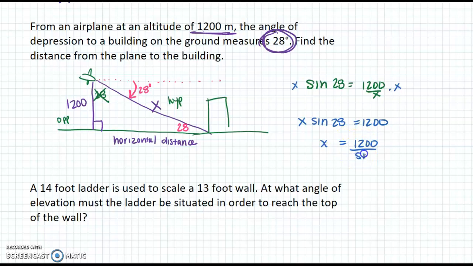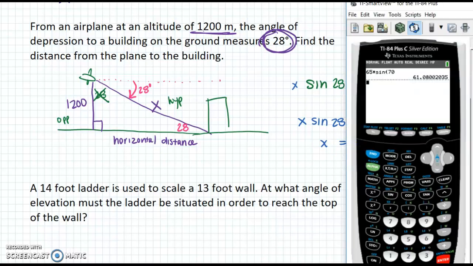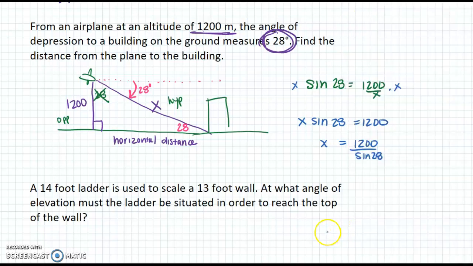And this is when I go to my calculator. 1200 divided by the sine of 28, and I get 2,556.07. And this would be in meters as well. So if you would have put the 28 in the incorrect spot, you would have gotten a totally different answer for the length of your hypotenuse.